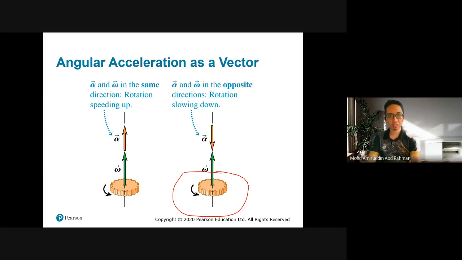But omega, the angular velocity, is still positive during that time because it still has speed. So that's the difference between when the angular acceleration will be positive and when it will be negative, or opposite to the angular velocity.